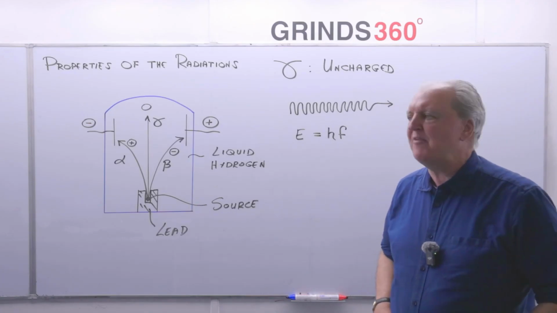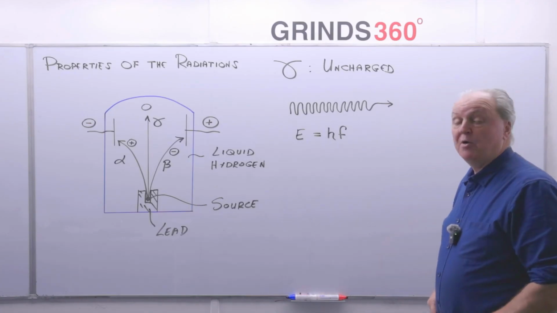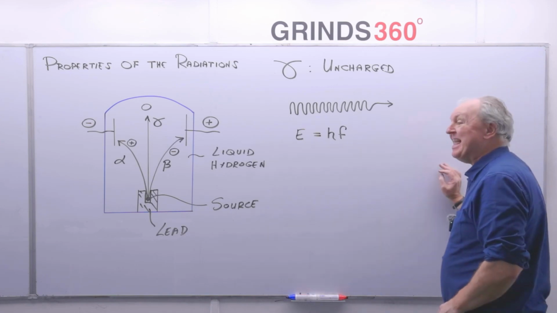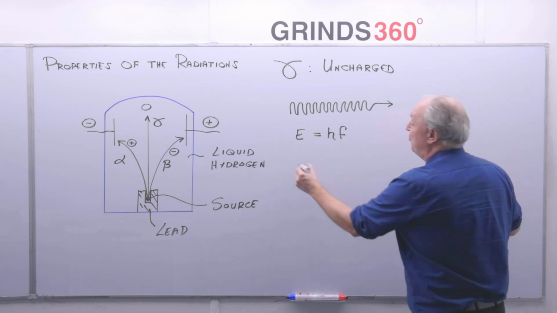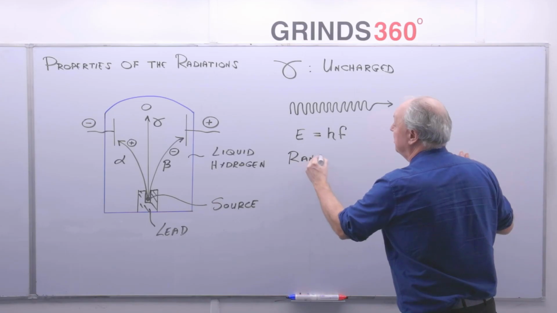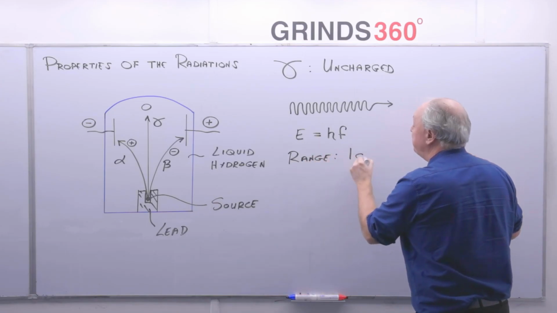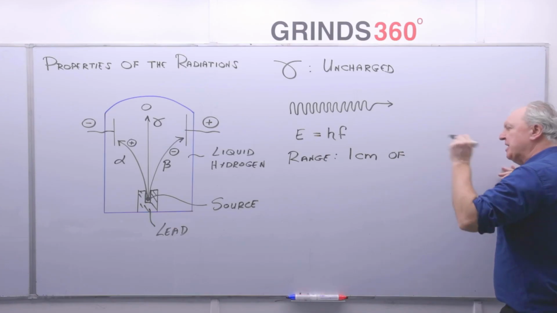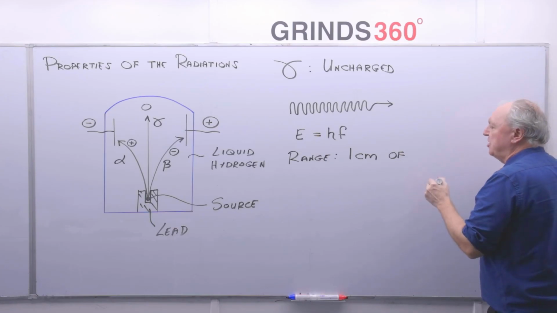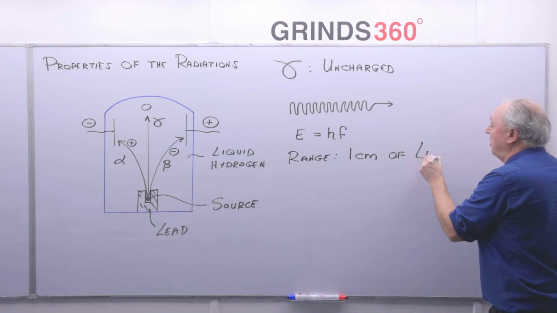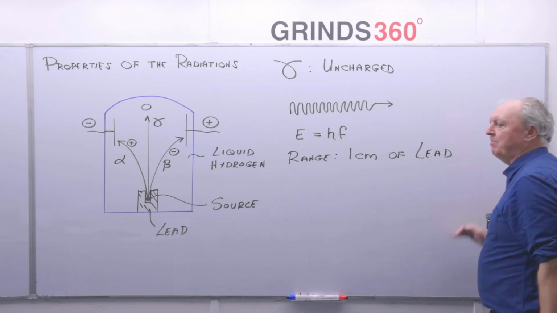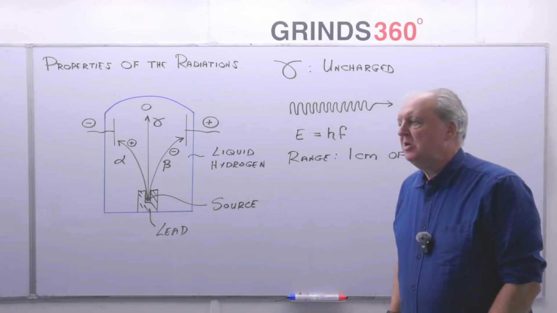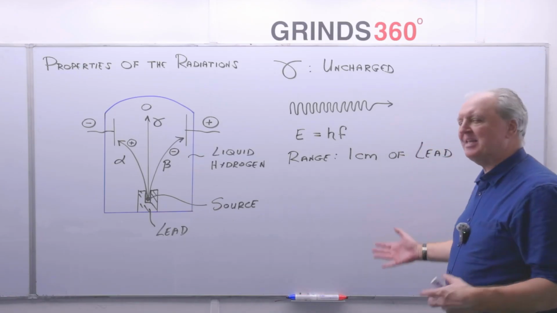They will go forever and ever. Air won't stop them. You'll probably need lead to stop them. The range is about 1 centimeter of lead. Lead is a very, very dense metal, and they're still able to get through about 1 centimeter of lead before getting slowed down, before losing energy. So that's your gamma radiation.